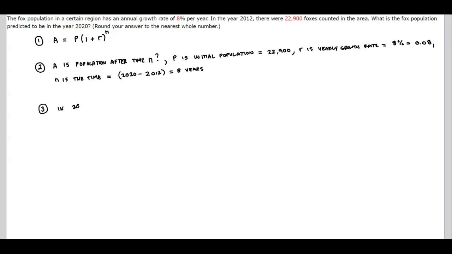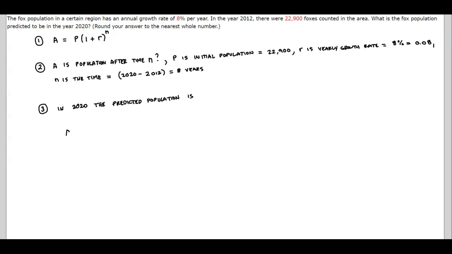So in 2020, the predicted population is the following.